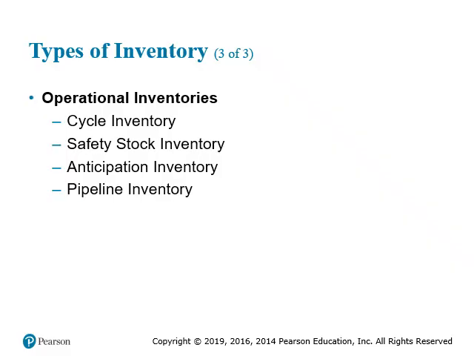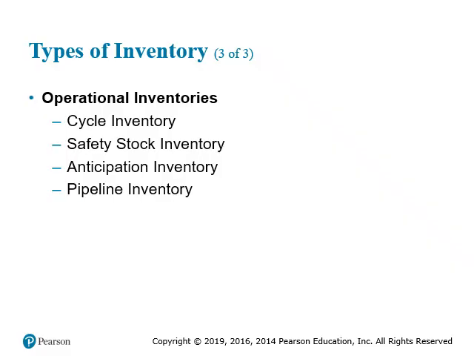And they build up inventory as they're going along, and then they can deliver a whole lot at once when demand is really high. So that's the idea. Anticipation inventory, you see something coming. You see a big surge in demand, and so you go ahead and get working on it, and you're left holding inventory until that surge actually materializes.